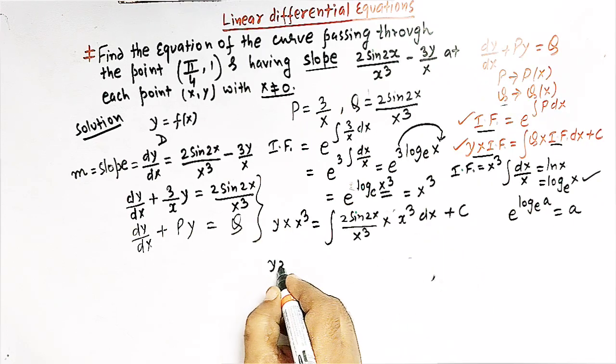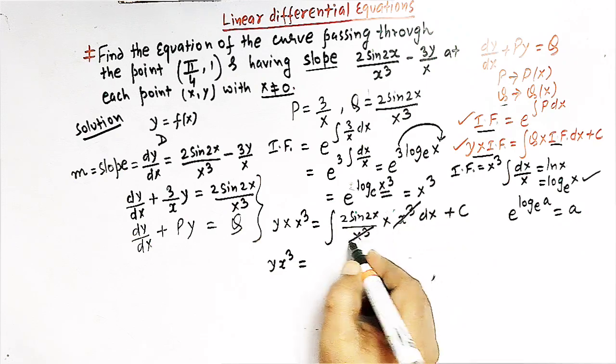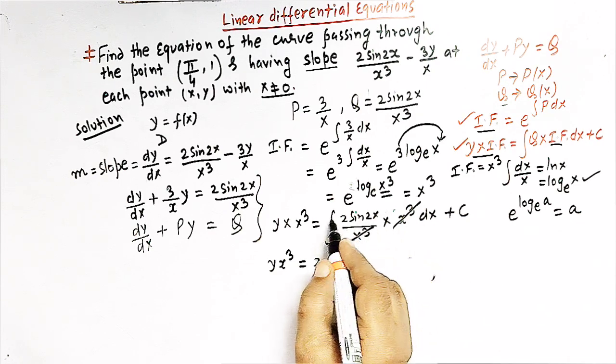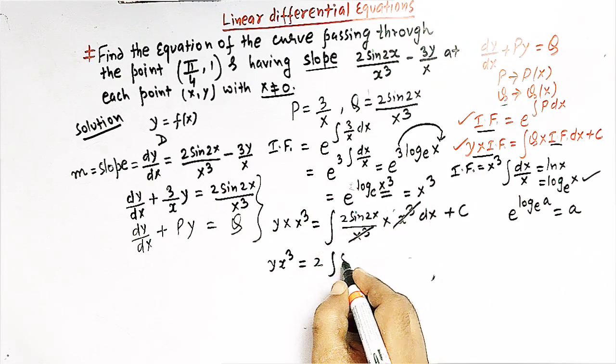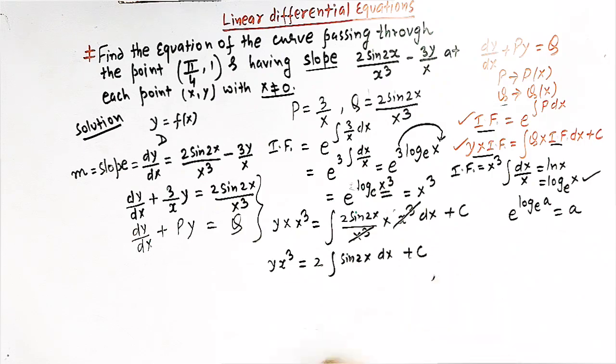So we have y x cube, and here this x cube and this x cube get cancelled. We can take this 2 outside the integral. We have integral sine 2x dx plus c, right?